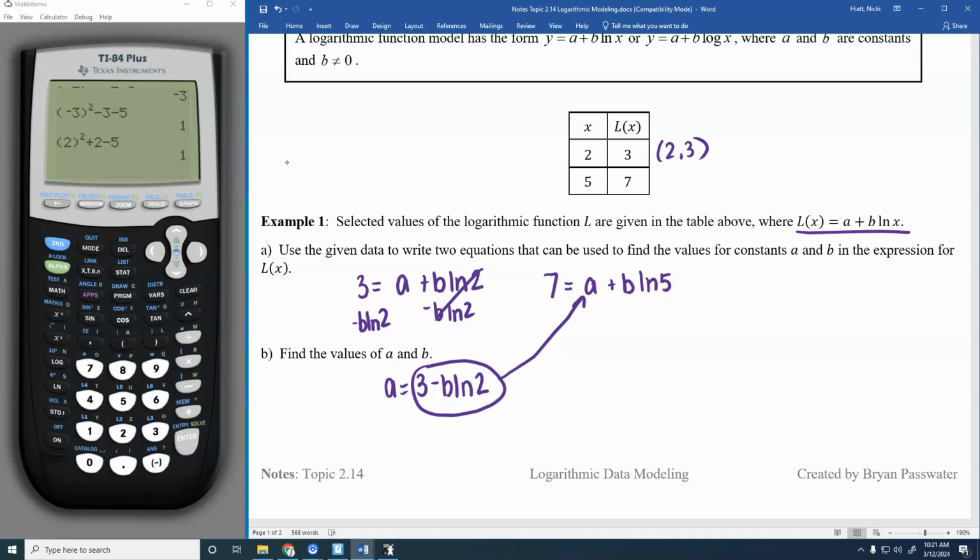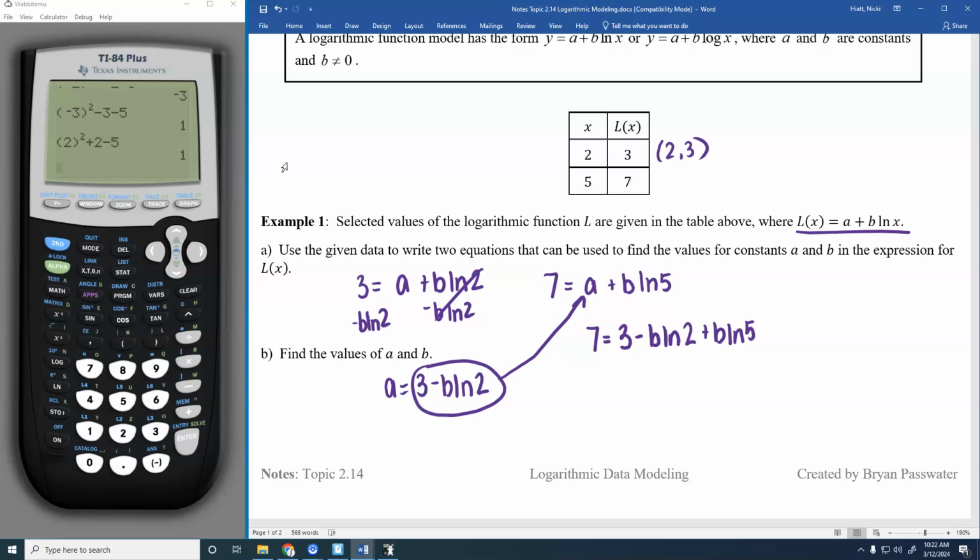And so I will have 7 equals 3 minus b natural log of 2 plus b natural log of 5 there. And we are trying to get the b's by themselves.